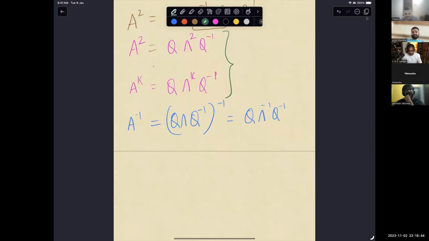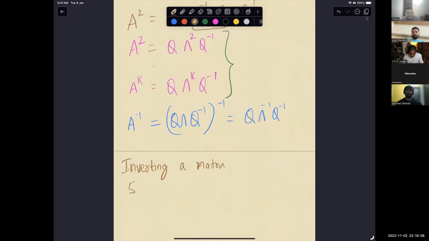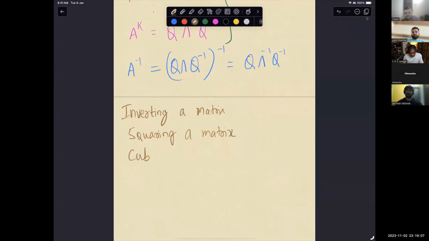Okay, so now what is it that we achieved? We achieved the following: inverting a matrix, squaring a matrix, or cubing, or the kth power of a matrix.